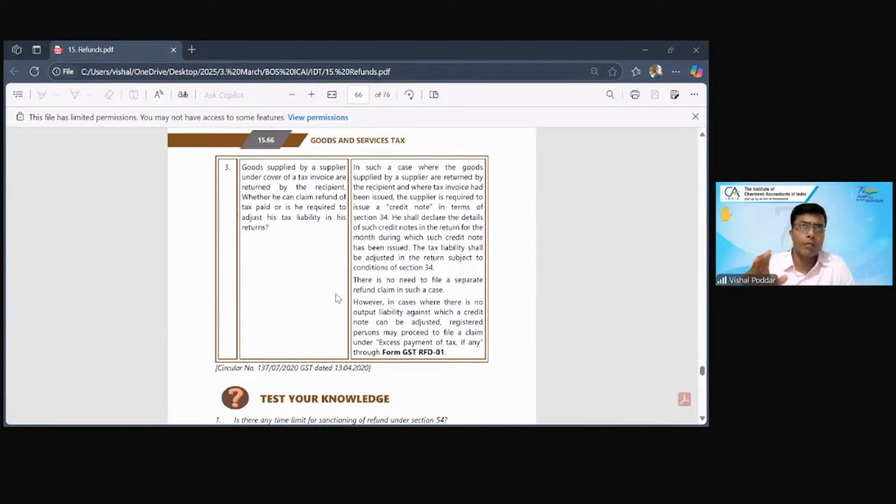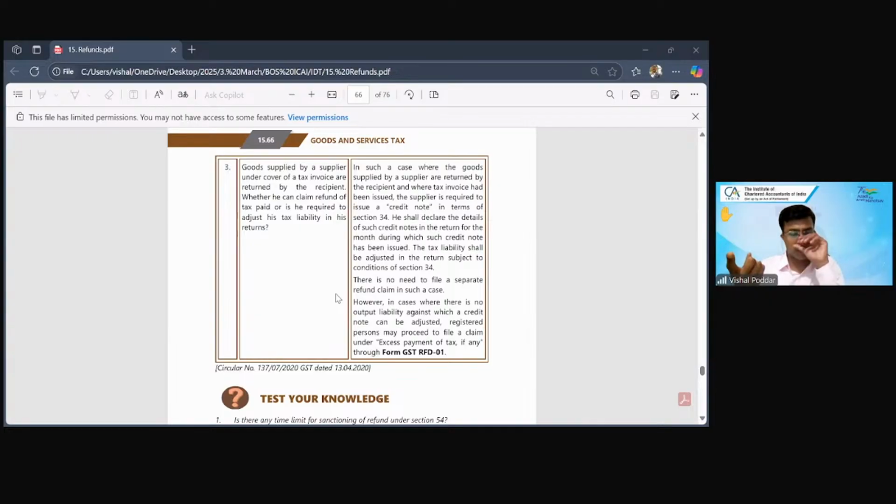So one, where a normal refund application is filed and it is delayed, 6%. Where your matter was in appeal, and as per appeal the order comes that, okay, this tax was wrongly paid, it is refundable. So you get the order of refund from an appeal. Now, once you get an order of refund from the appeal, automatically refund is not received.